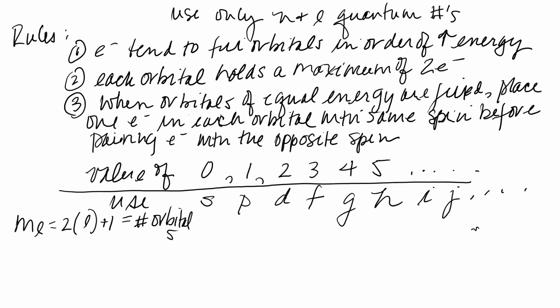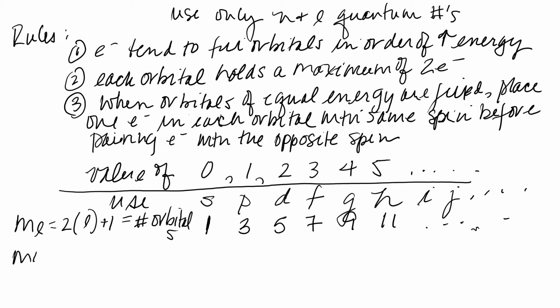For l equals 0, there's only 1. There's 3 in the p, 5, 7. Theoretically, g would have 9, h 11, and so forth.